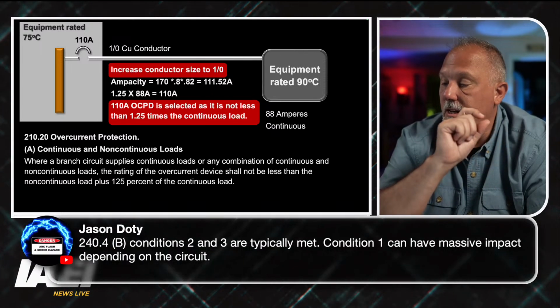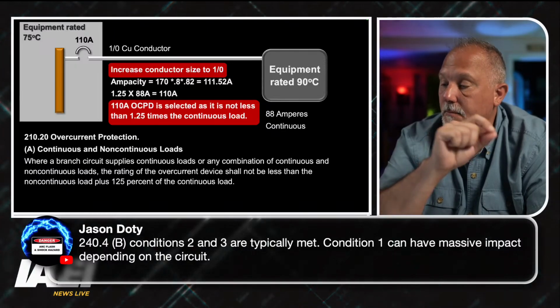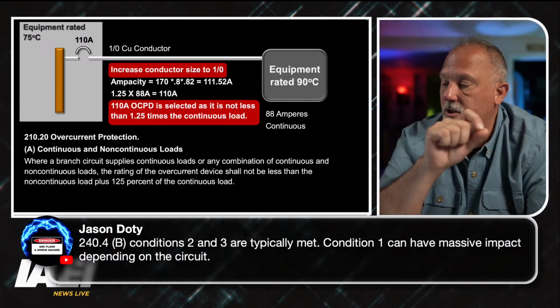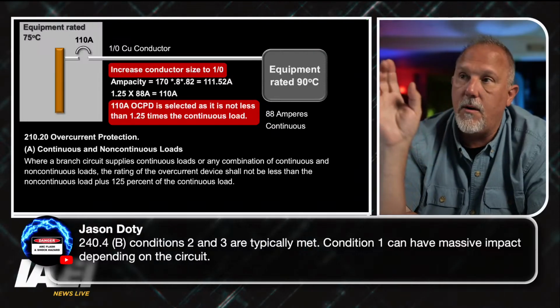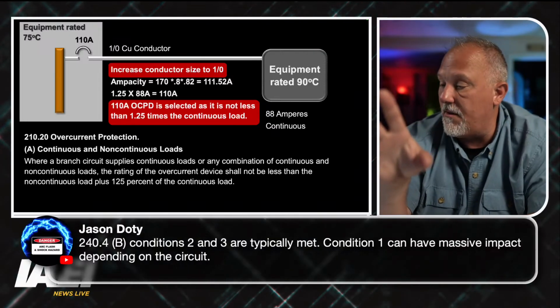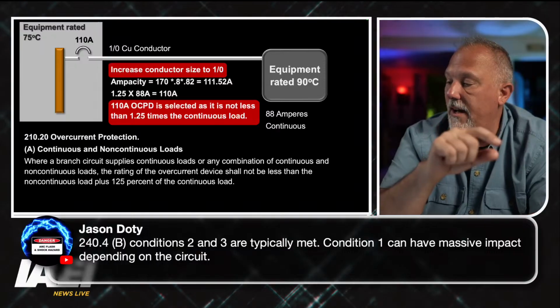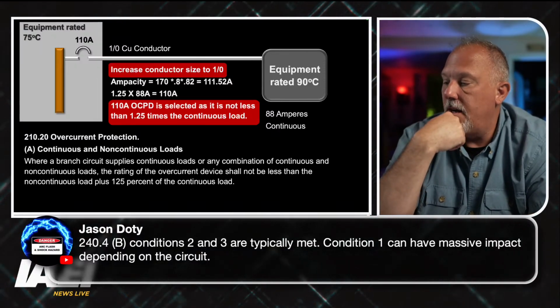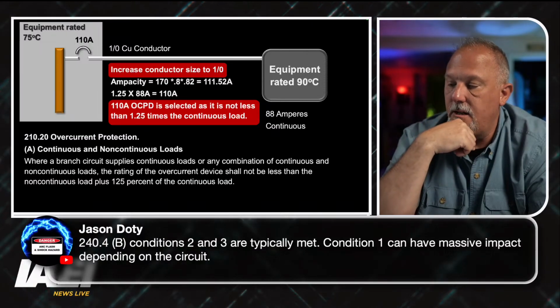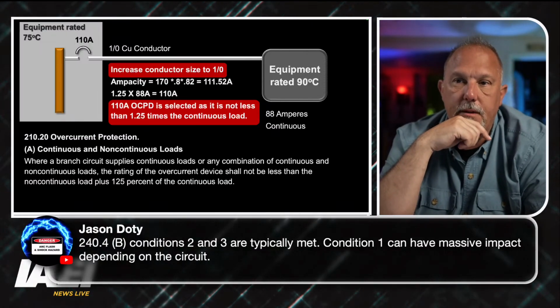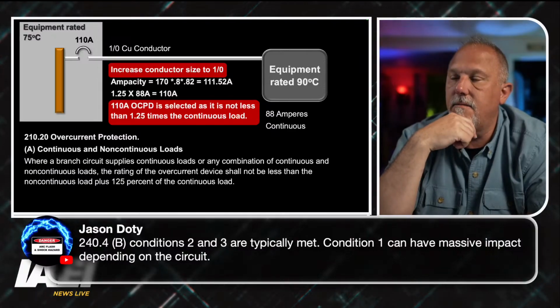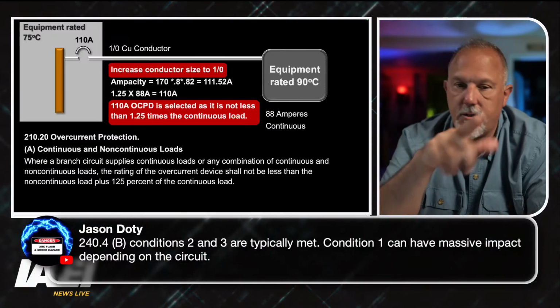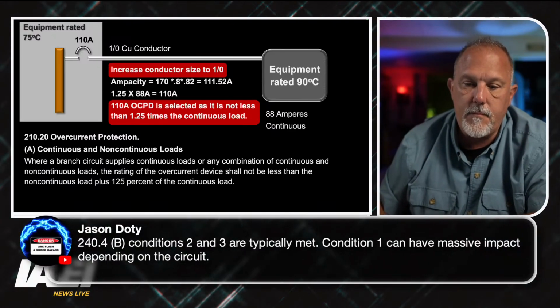Condition 1 is the conductors being protected are not part of a branch circuit supplying more than one receptacle. In this case, I'm not a part of that, and I would agree. If you have more than one receptacle for cord and plug connected portable loads, then you're right. That's a killer right there. Good point.